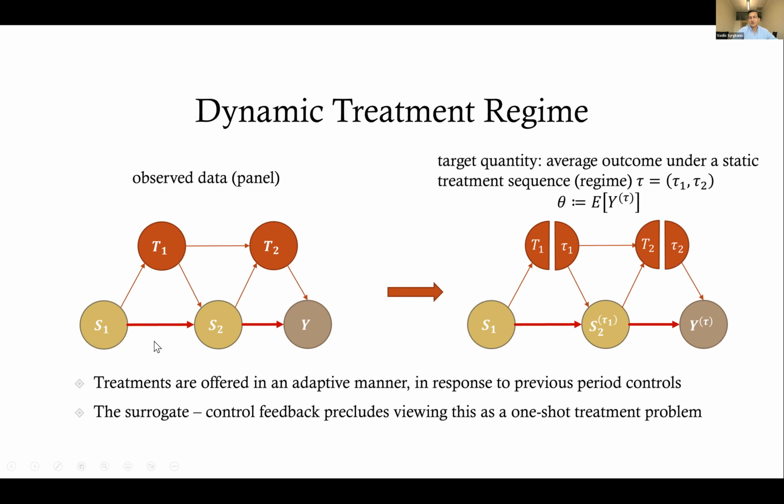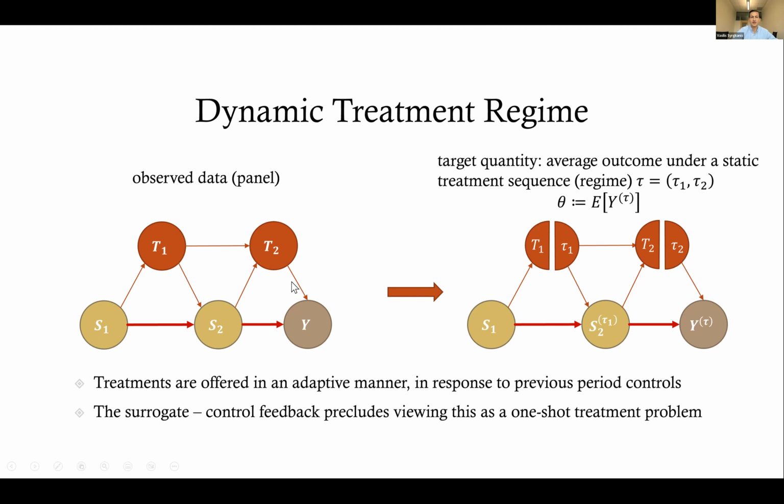The setting here is inherently more difficult than one-shot treatment problems because of this control treatment feedback loop: treatment at period 1 changes the controls or the covariates that go into the treatment decision at period 2. And so this really precludes us from viewing this problem as a one-shot treatment problem.